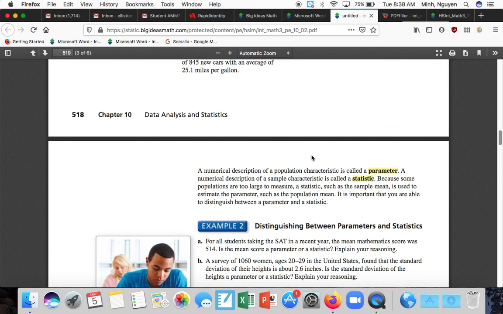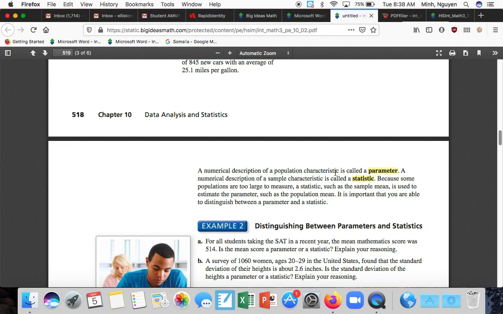Next, the vocab: a numerical description of a population characteristic is called a parameter. A numerical description of a sample characteristic is called a statistic. So a parameter and a statistic are the same thing applied to different groups.